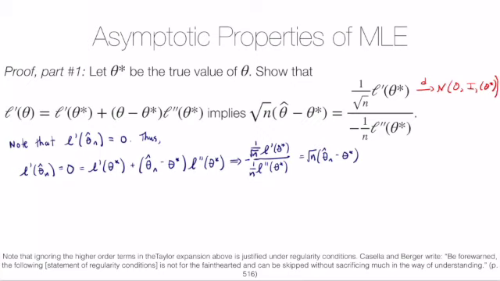So it's the Fisher information for a sample of size 1 evaluated at the true value. All right, so now I think we're going to deal with the denominator. We want to show that the denominator converges in probability somewhere, and that will allow us to use Slutsky's theorem.